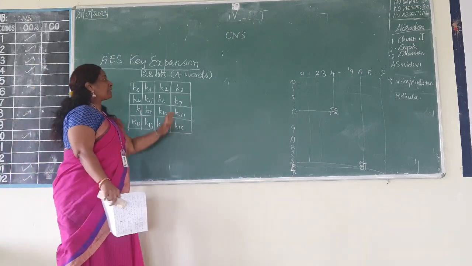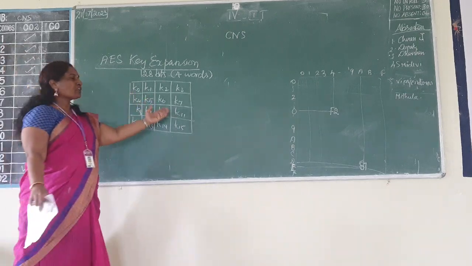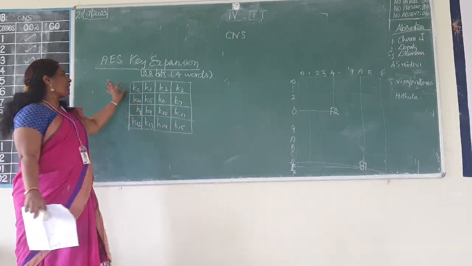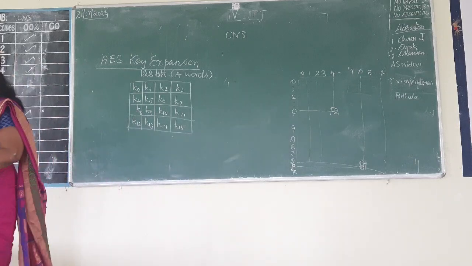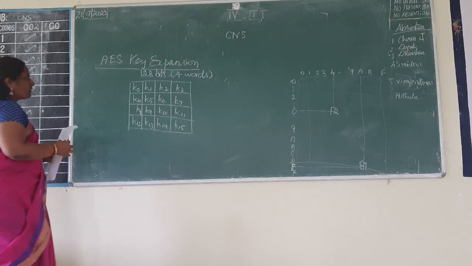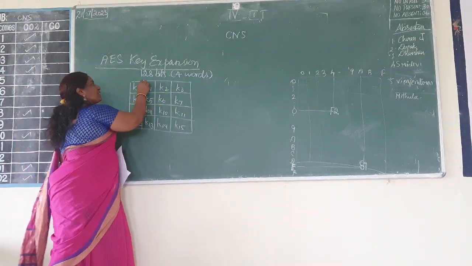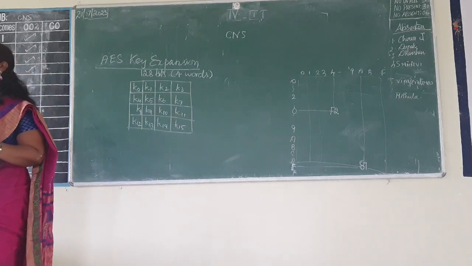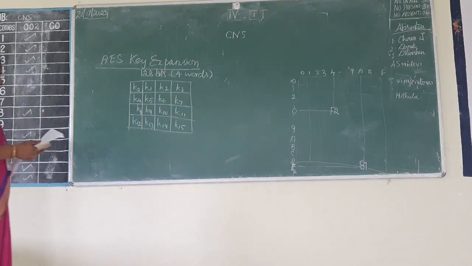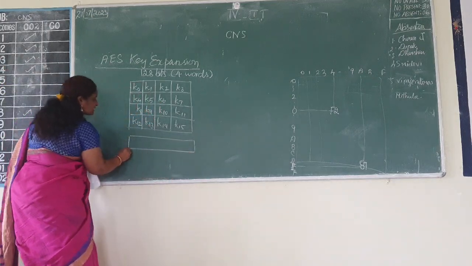I am saying the entire thing is 4 words. The 128 bits are organized as a 4 by 4 matrix. Then how can one cell alone be 4 words? Total I have given 4 words. I want you to answer for one cell alone, K0. What is the size of K0? Size of K1? Think over, find out and answer me.